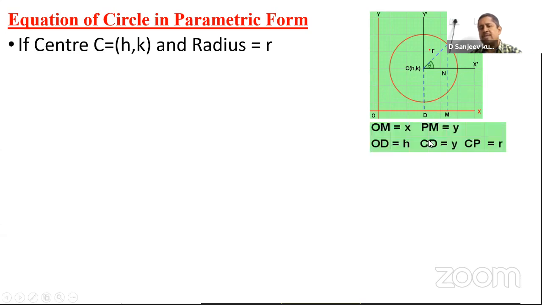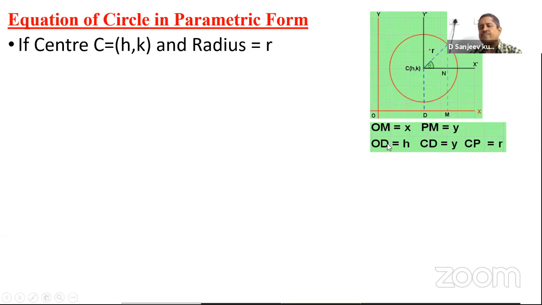So we just try to name them. What is OM? The distance from the origin to the point M which you have marked is x, because this value is x here. Likewise, the vertical distance PM is y.